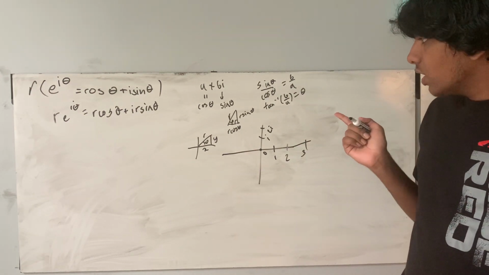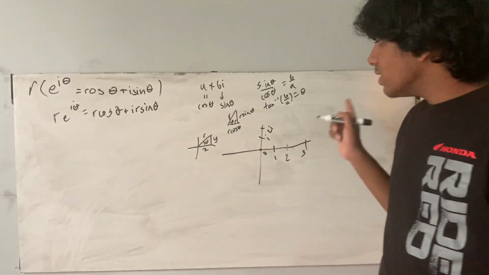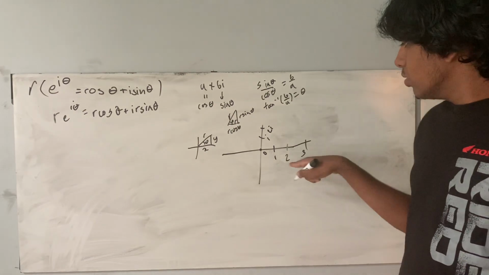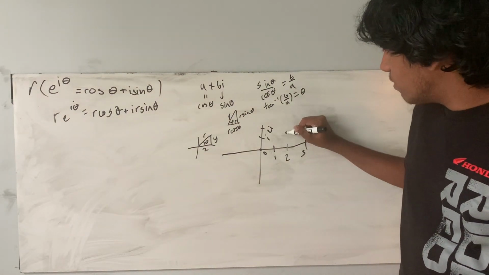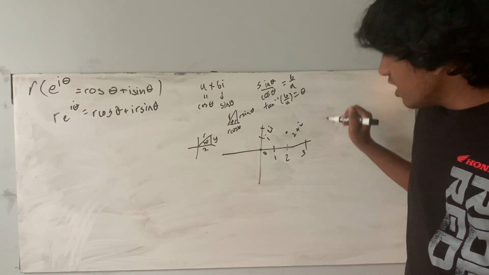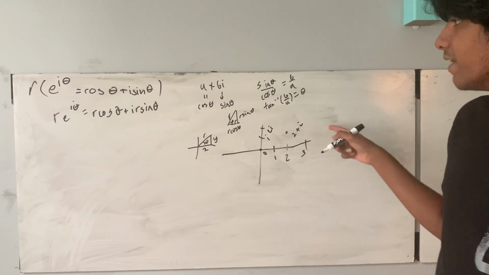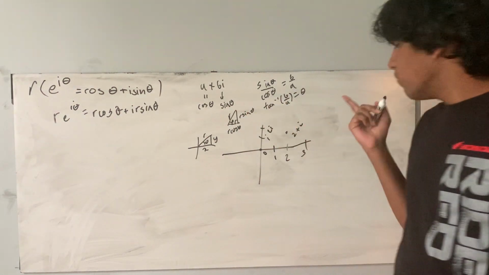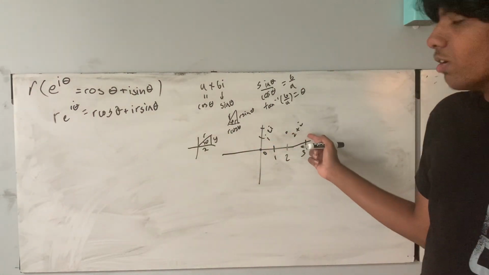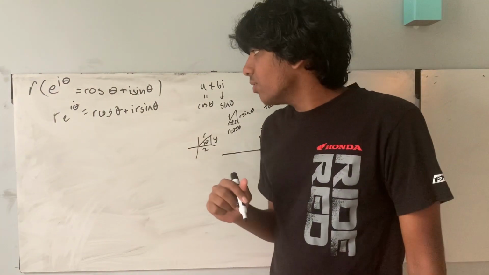So since we found a way to relate this using polar coordinates, we may have found a way to do that. 2 plus i, this point right here, can be represented, since we know that the coefficient of this i, which is 1, can be written as r sine theta, and the coefficient of the constant term, which is just 2, can be written as r cosine theta.